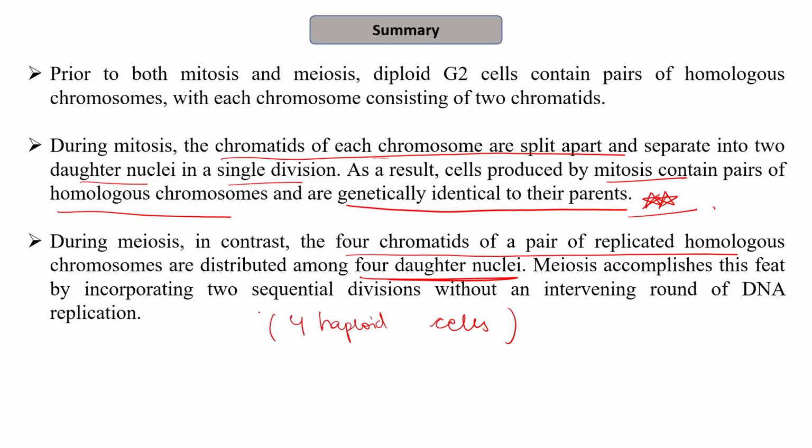Meiosis accomplishes this by incorporating 2 sequential divisions without an intervening round of DNA replication. So this is important: DNA replication does not happen again. In the first meiotic division, each chromosome consisting of 2 chromatids is separated from its homologue.